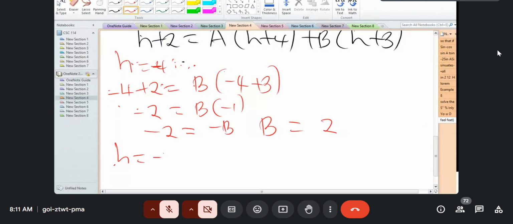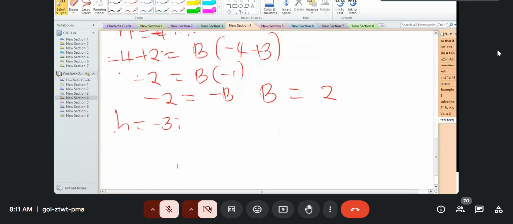We can also use h is negative 3. Putting h equals -3, on the left, we have h plus 2, so -3 plus 2 equals a into the second bracket will become 0. On the first bracket, what do we have?